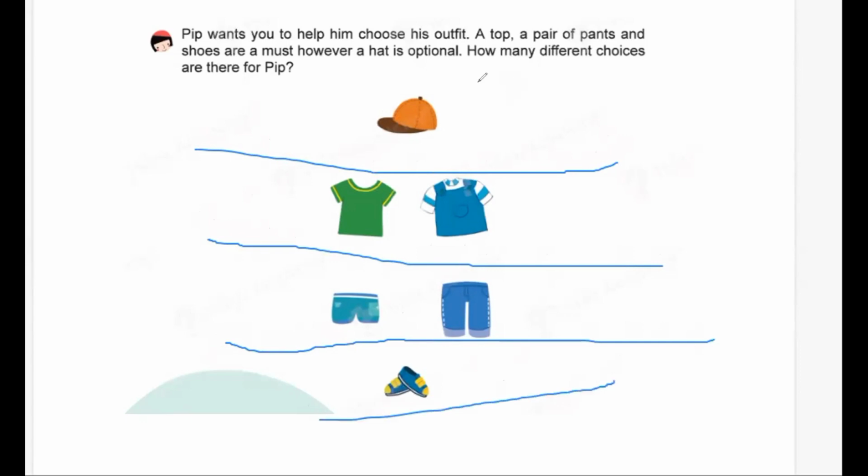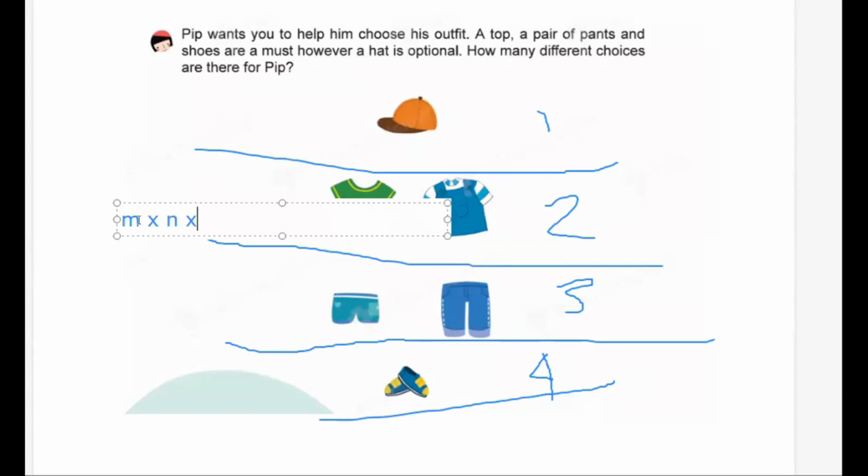So how many events do we have? 1, 2, 3, and 4. With this example, we are going to use the formula m times n times p times q, since we have 4 events here.